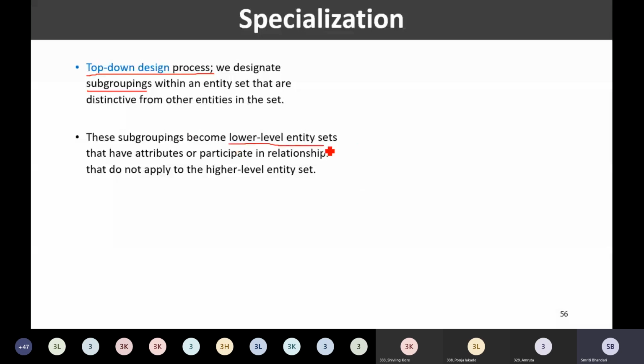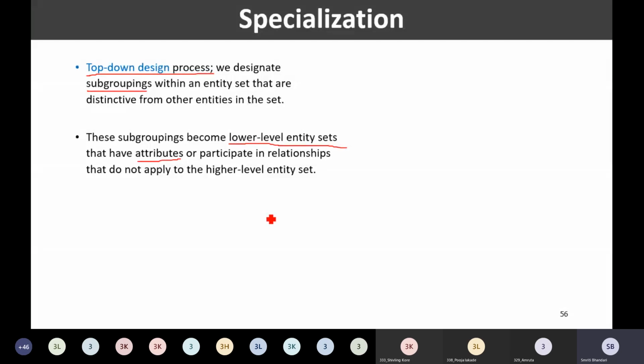So whichever are the subgroups of the main entity set, those become the lower level entity sets, and those lower level entity sets are having their own attributes, and they may participate in the relationships.